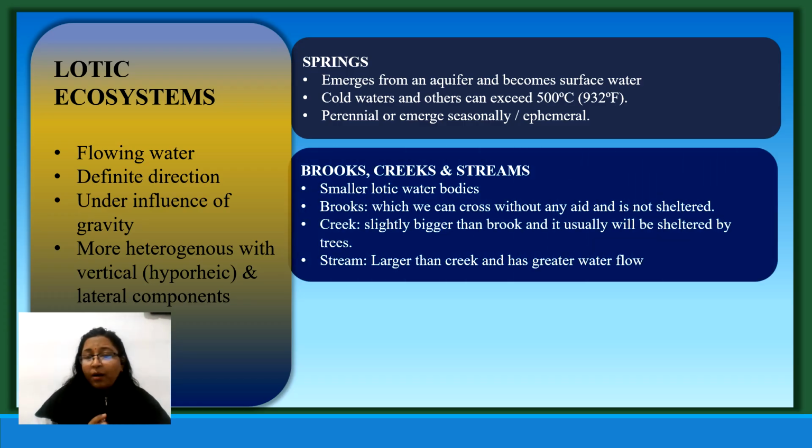So now next comes the category where I'm keeping three types of lotic ecosystems together, and these are brooks, creeks, and streams. These three types of lotic ecosystems are similar to each other in many ways, but they differ with respect to their stretch, the width of the water, or in what kind of landscape they are present.